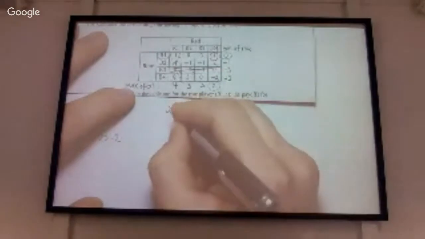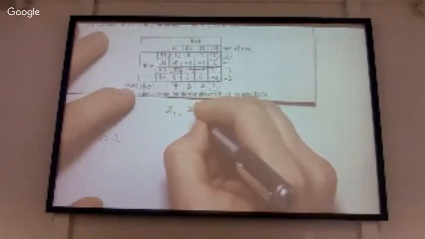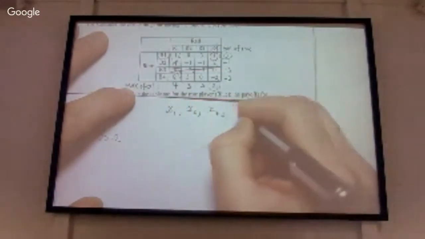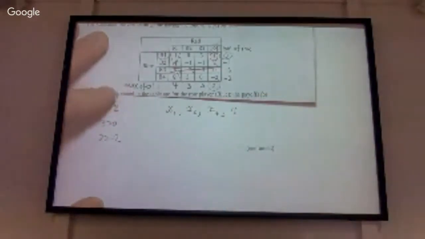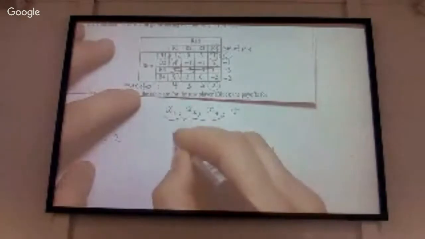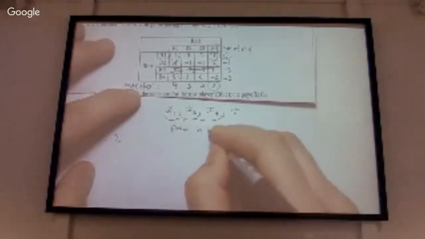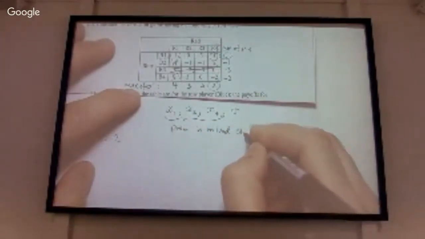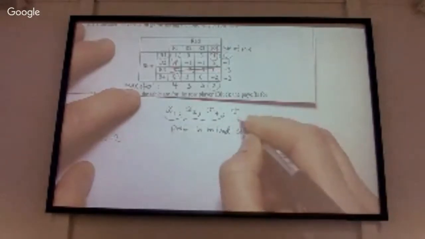You have decision variables x1, x2, x4, and v. These are the probabilities in the mixed strategy, and this is the value.